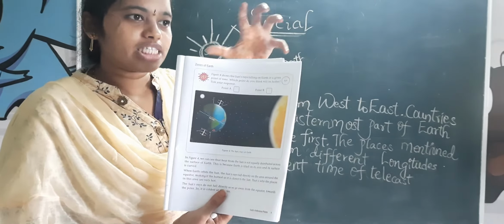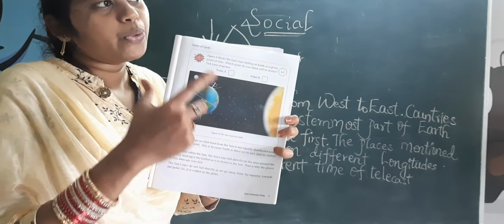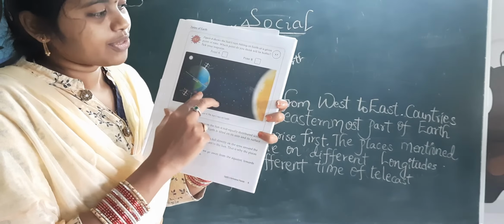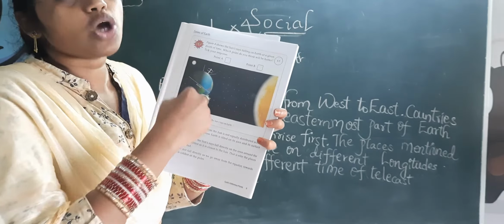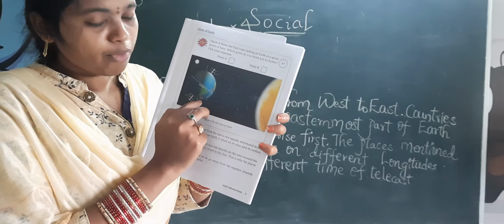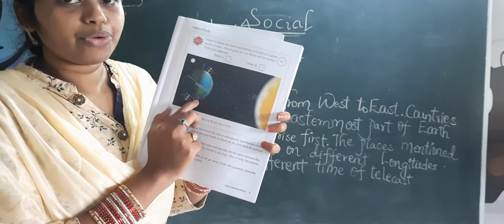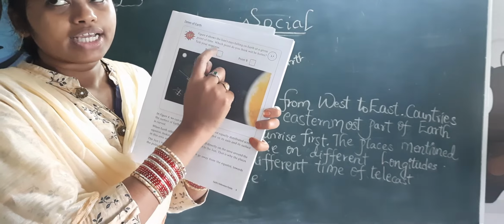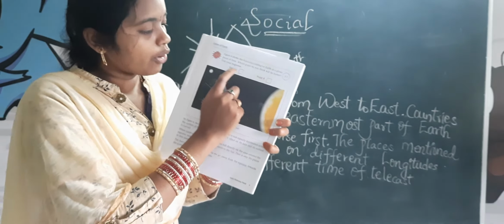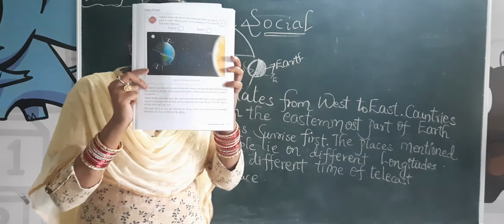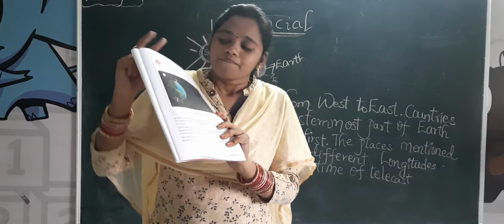At a specific time, you have to measure the hotness of a place. Which place is hotter, point A or point B? You have to put a tick mark in the box, point A or point B.